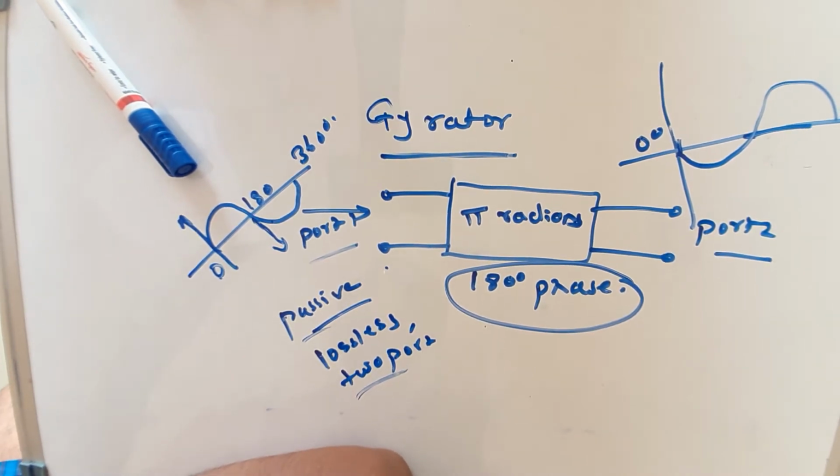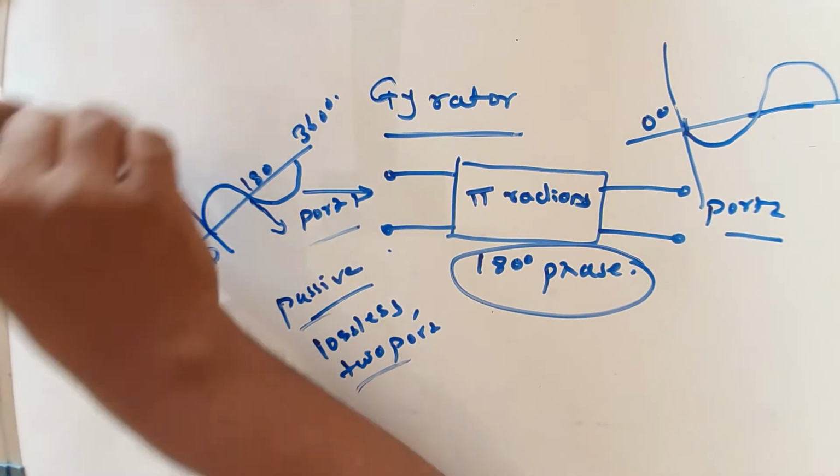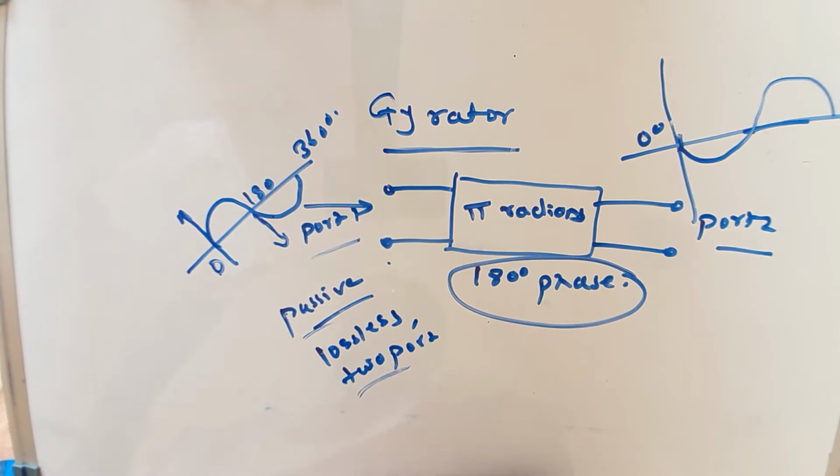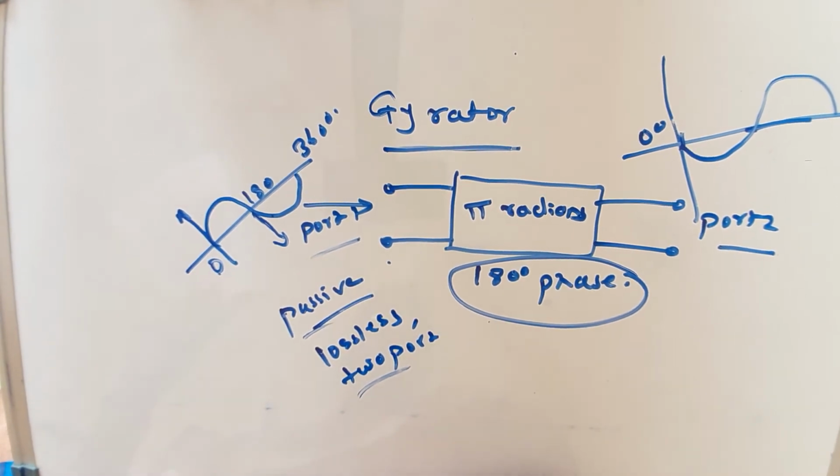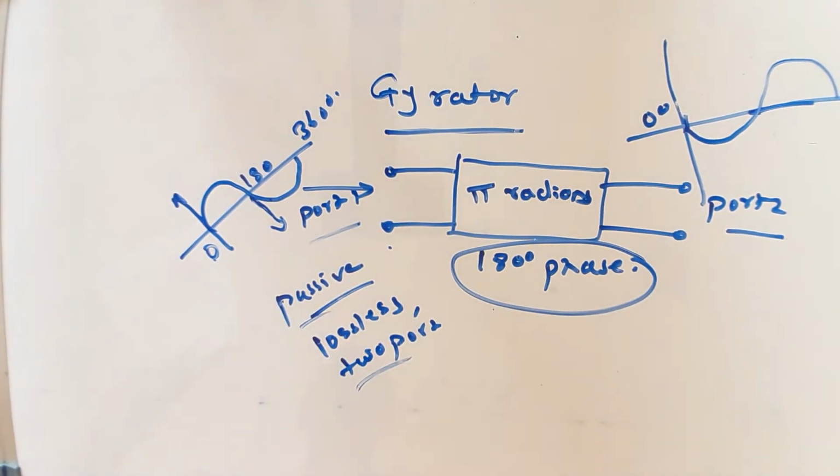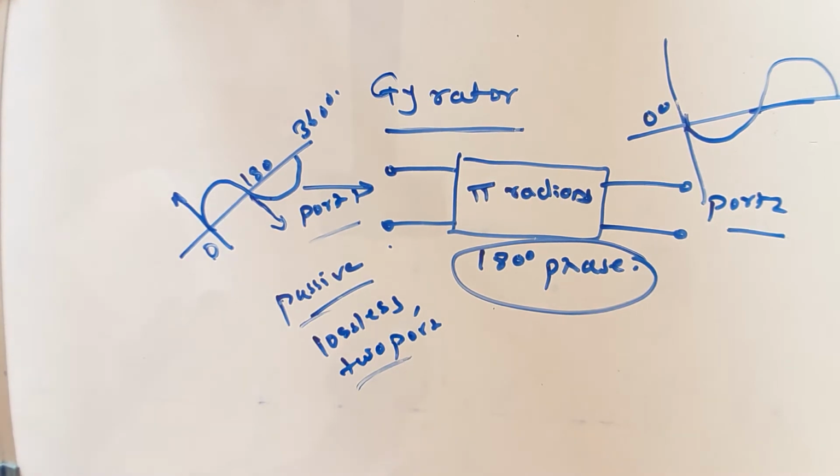In the definition, as I already explained, it is a passive lossless two-port linear device. It is a non-reciprocal ferrite two-port device. Ferrite device means it consists of a ferrite, which works on Faraday's rotation principle with a phase shift of 180 degrees in the forward direction and a phase shift of 0 degrees in the reverse direction.